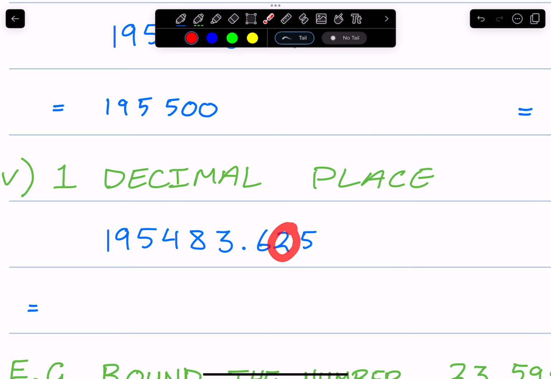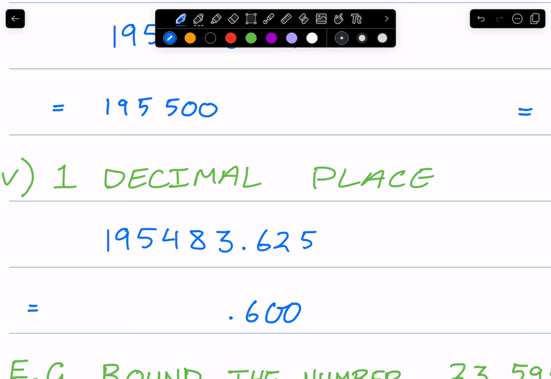Well, since this is not past halfway of 5, the 6 remains the same, and every digit to its right becomes 0, and every other number before it stays the same. So 195,483.600. Let's keep moving forward.